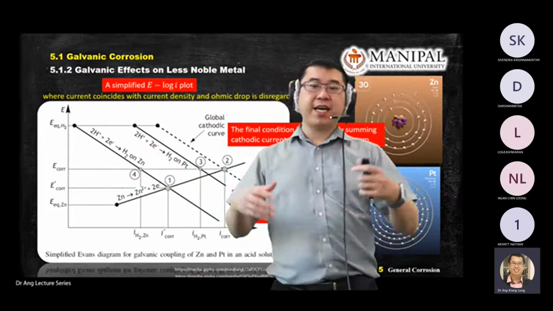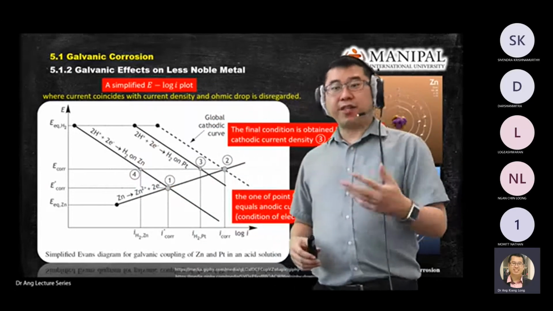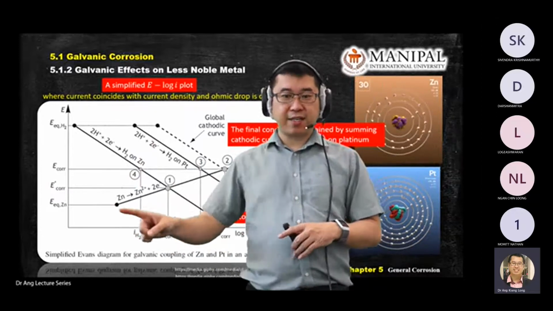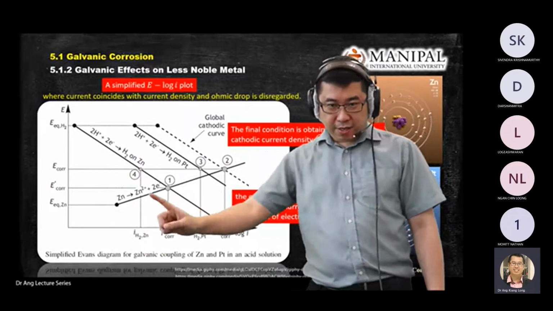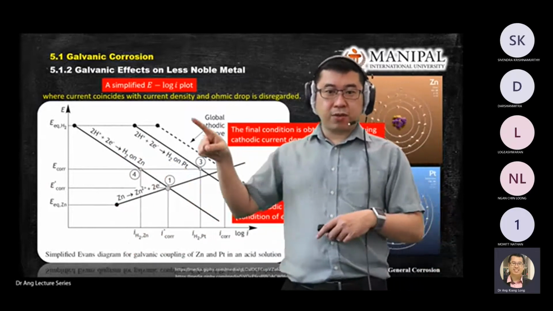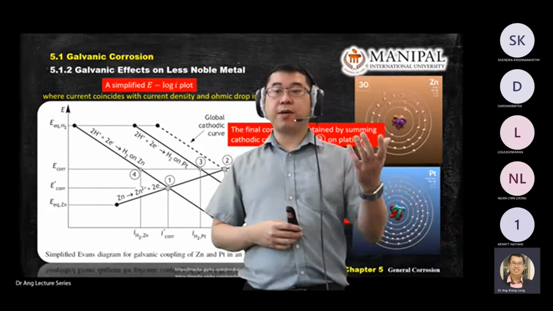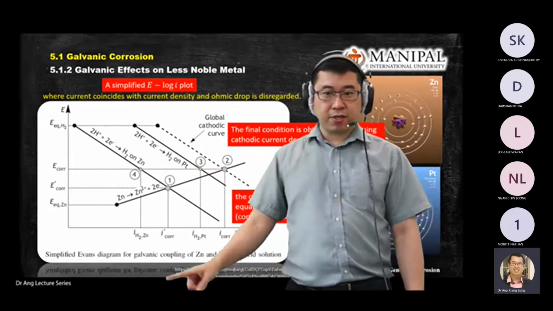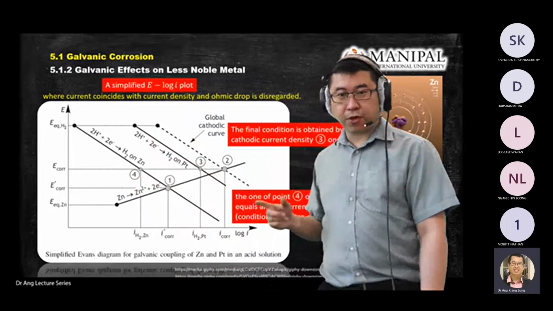The question says at the anode you have two processes, so you draw two lines: one is the anodic process, one is the cathodic process at the anode. Then the question says there is only one process, the cathodic process, at the cathode, so you draw another line for your cathode.